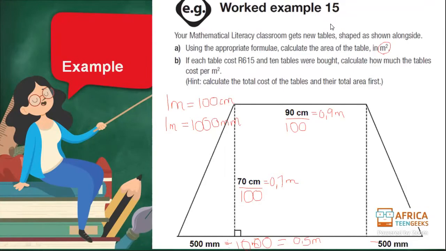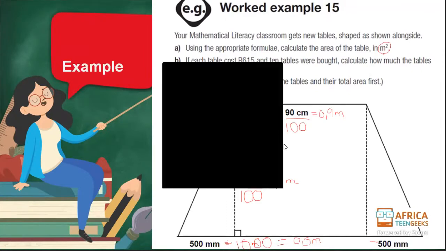Okay, wow, Jessica is fast. Okay, I like the fact that Jessica is using the correct units for the area. Remember, for area the units are square units. So if you're working with meters, your answer must be meters squared. Right.